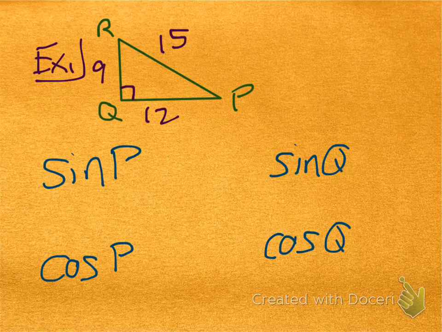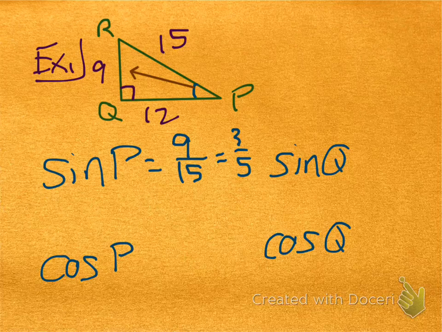So again, sine of P, we're dealing with the opposite leg from P, so P is here, the opposite leg over the hypotenuse. So we end up with 9 is the opposite leg over the hypotenuse, which is 15, right? 9 over 15. And of course, you always want to simplify in math, so you end up with 3 over 5, dividing both by 3.